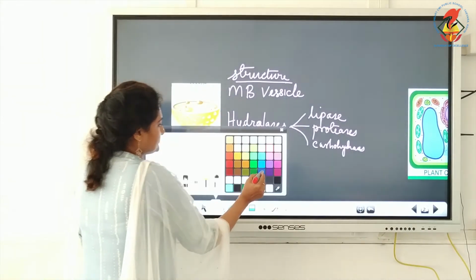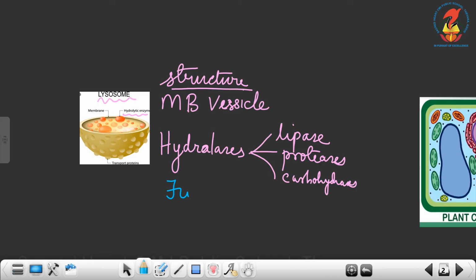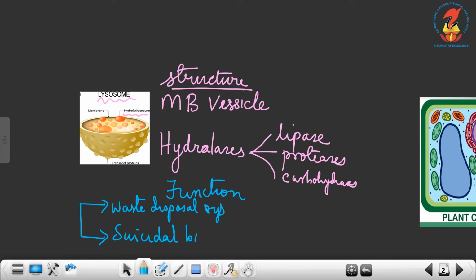Now, the function, very popular function. With respect to its function, it is given two nicknames: the waste bin or the waste disposal system, and second, the suicidal bag. Why is it called the waste disposal system?